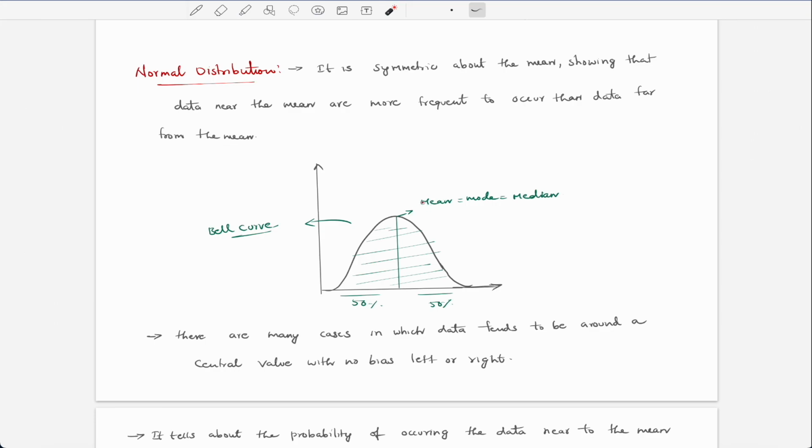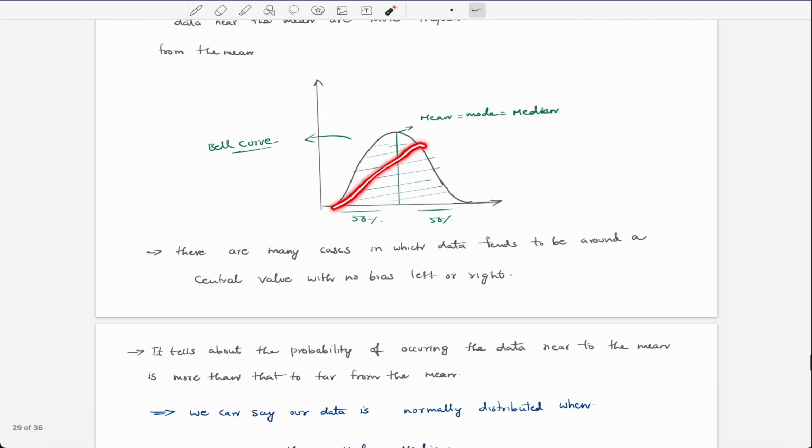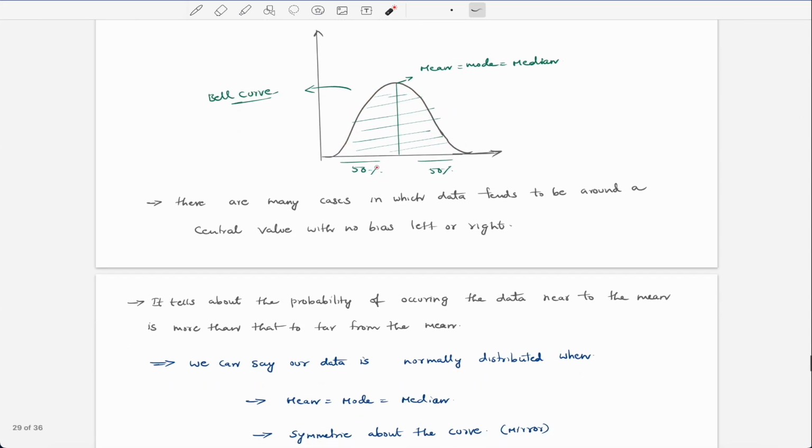So if we have the mean here, and this will be the mode, and this will be the median. If these three are at the same point, then we say the distribution is a normal distribution, and we call that curve a bell curve, right?